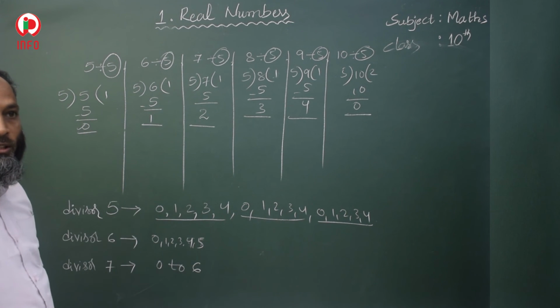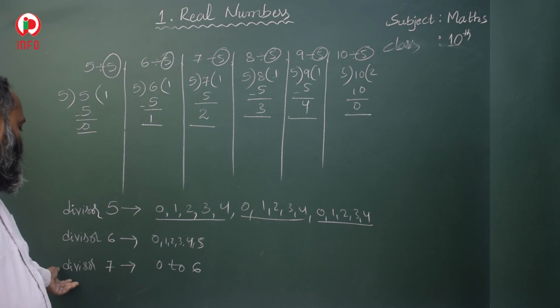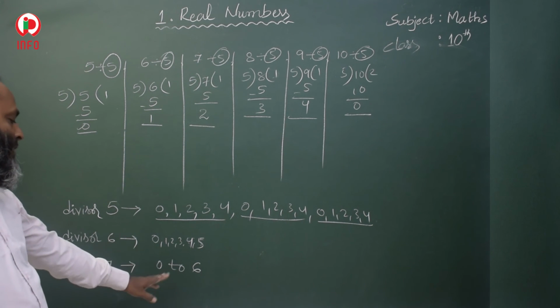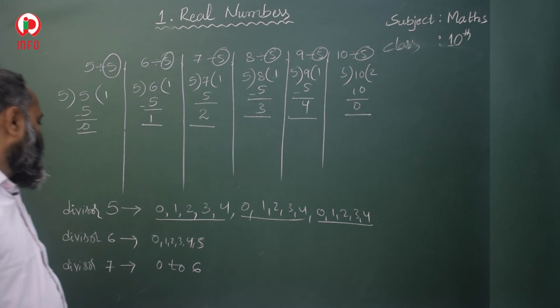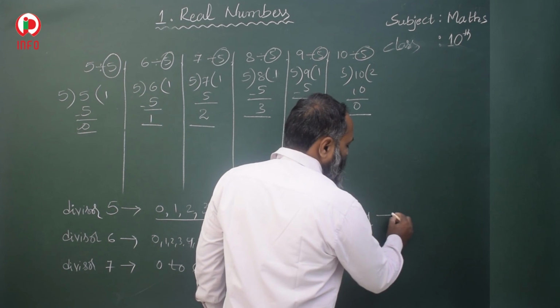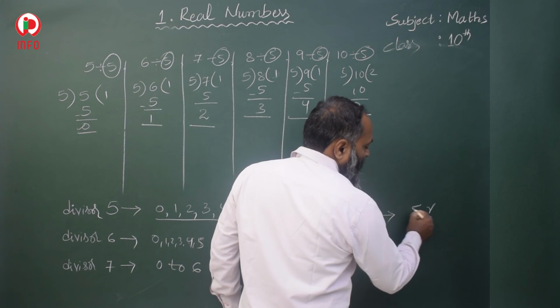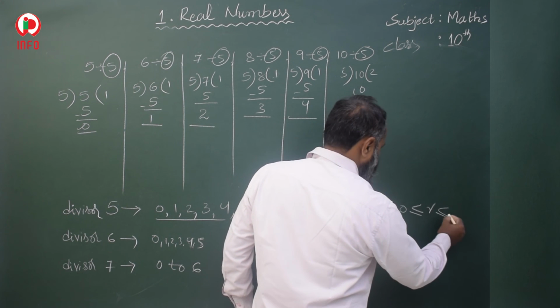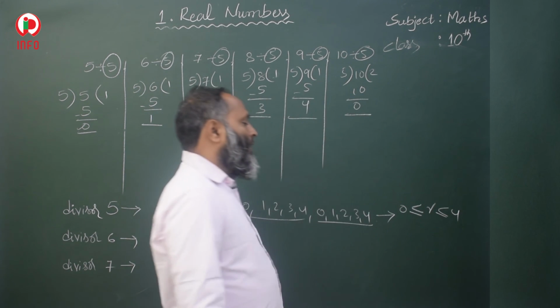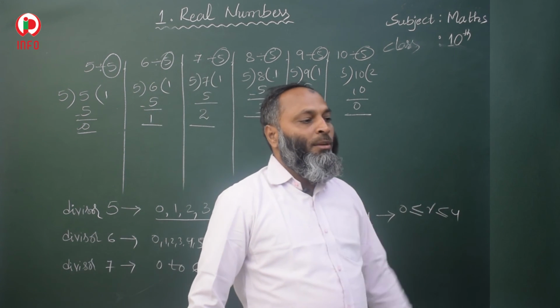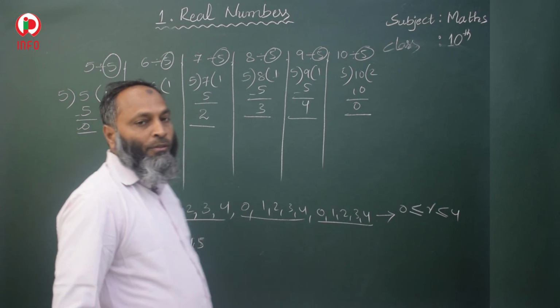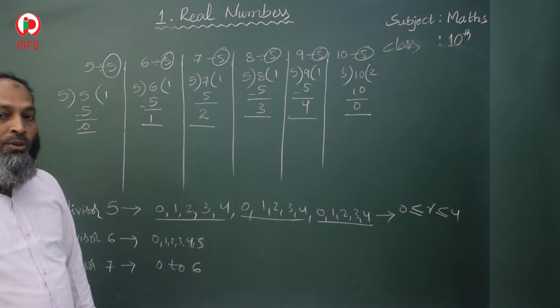When the divisor is 8, the remainders are 0 to 7. So it is like that. When the divisor is 5, the remainders satisfy 0 less than or equal to R less than or equal to 4, that is, from 0 to 4.